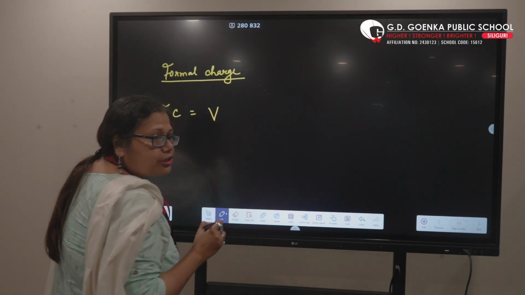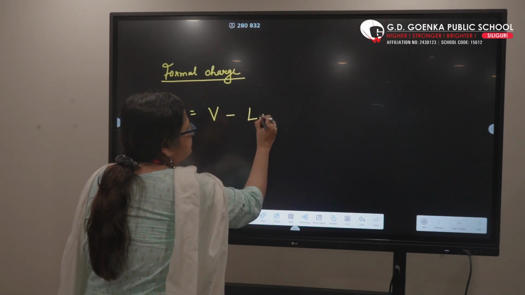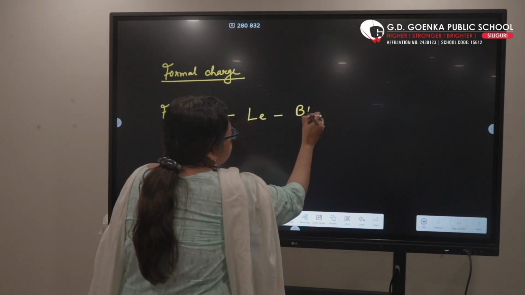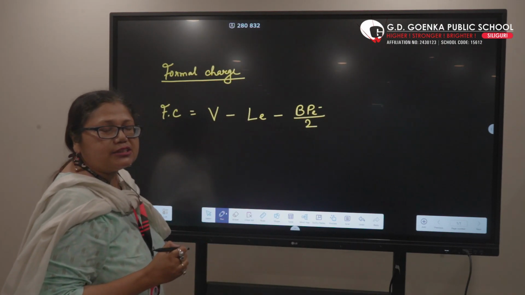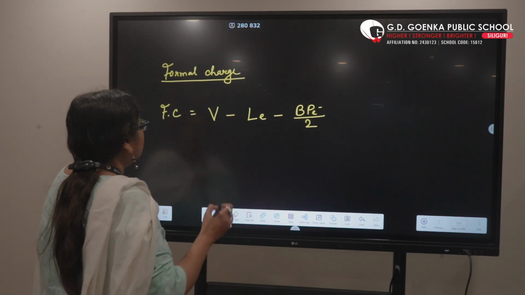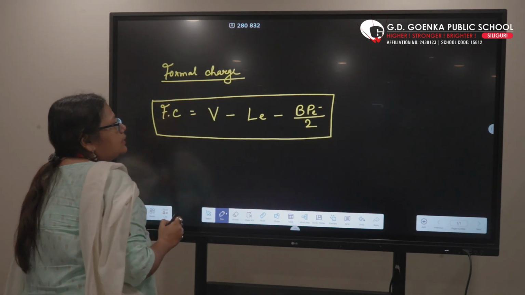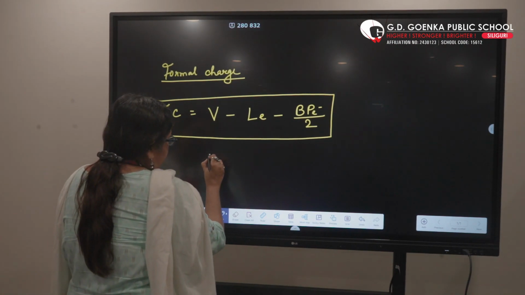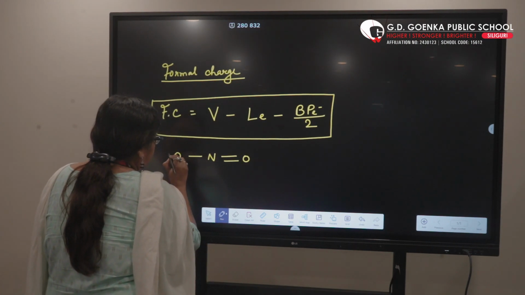So how do we calculate formal charge of the individual atoms? Total number of valence shell electrons of the atom minus lone pair of electrons of the atom minus bond pair of electrons by 2. From this formula, we can calculate the formal charge carried by the individual atoms in the ion. So from here, we are going to apply the formula of formal charge to calculate the charge of the individual atom in case of nitrite ion.